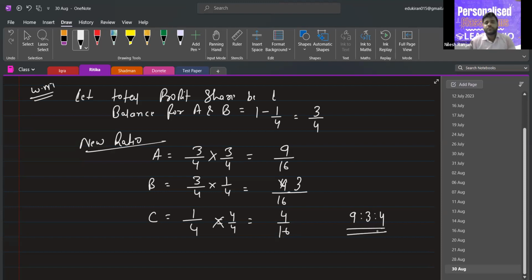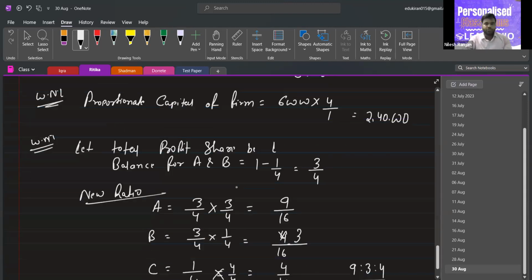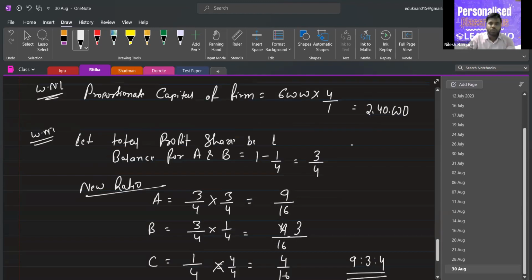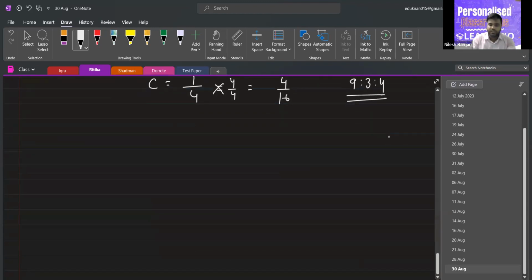Okay. So this is our new ratio, and capital should be according to this. Now total capital is 2,40,000.